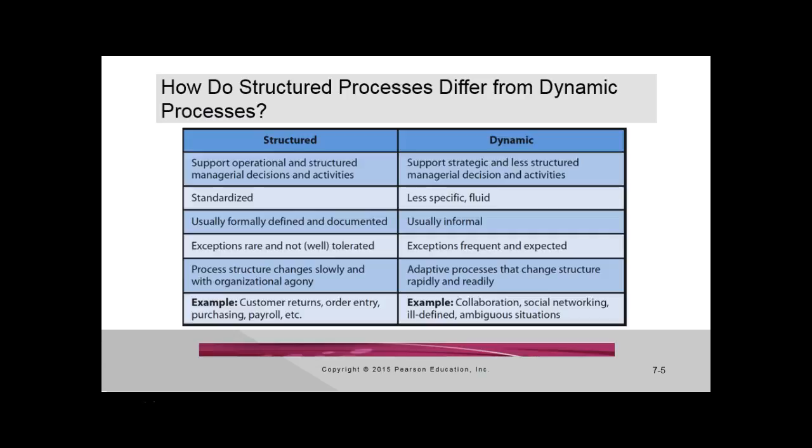Whatever the process is, maybe they transform raw material into finished product. Maybe they help you match people, Tinder-like app. Maybe they help you find music, but there are processes involved. And there are different types of processes. Processes, we talked about this before, can be very structured or can be very dynamic.